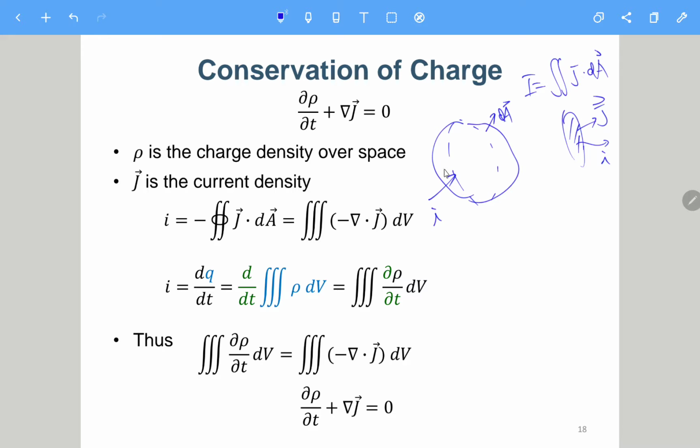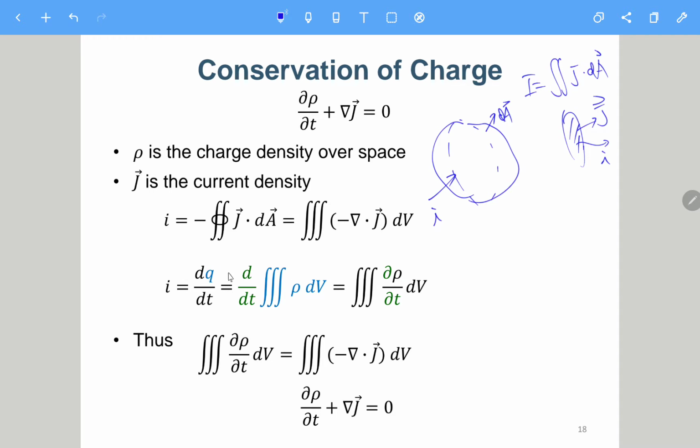Q is the charge inside this volume. That's why we need to assume that I is positive when I is flowing into this region, because if I is flowing into this region, the charge will increase. So I equals dQ dt. Of course, you can make it like I equals negative dQ dt, but here we have a positive sign, so that everything matches each other.